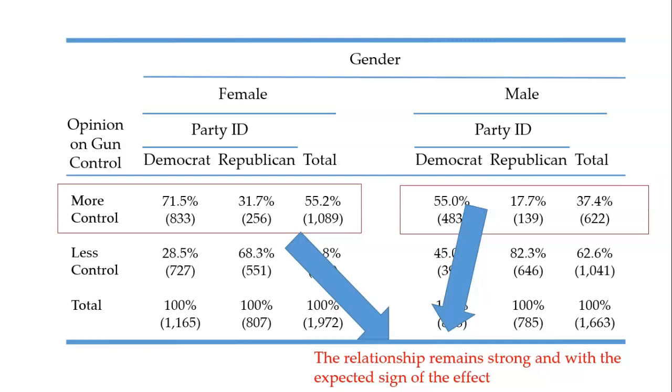So controlling for gender, there is still a strong relationship between the party ID of a person and his or her opinion on gun control, okay?